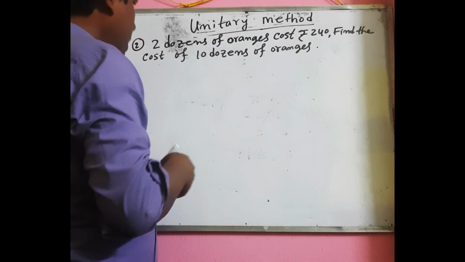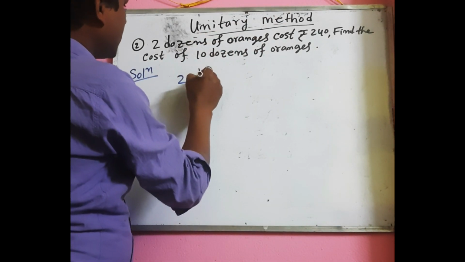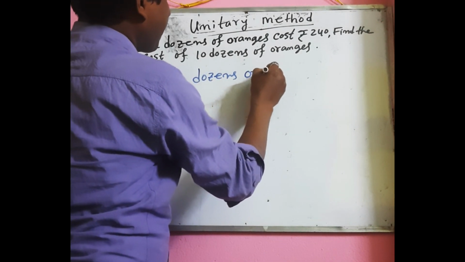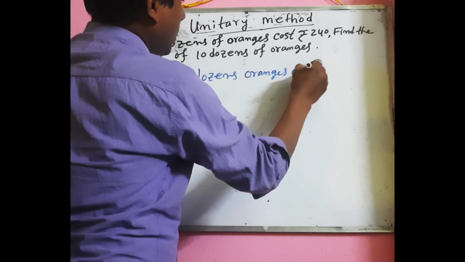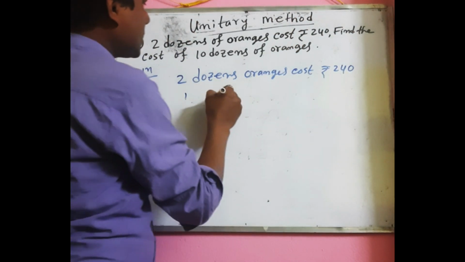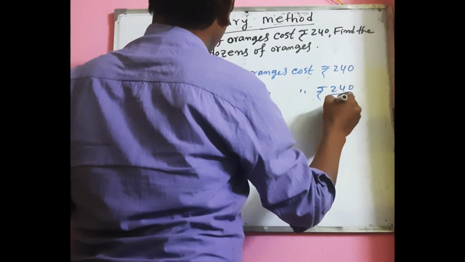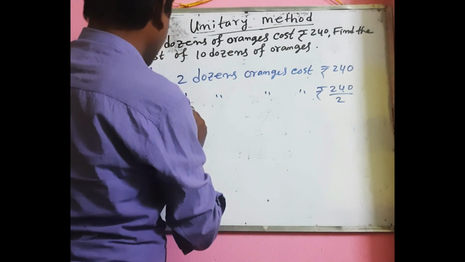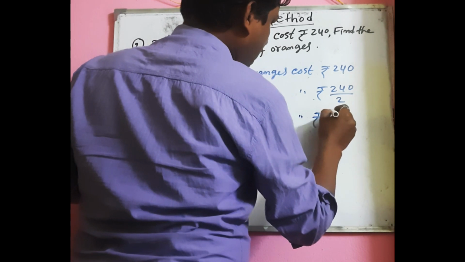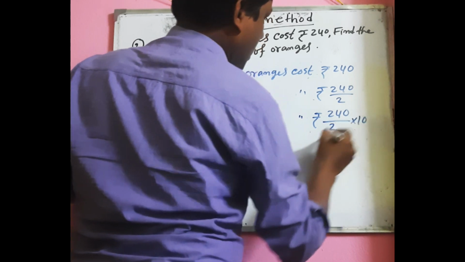So according to our unitary method, 2 dozen oranges cost Rs 240. 1 dozen oranges' cost will be this, and the 10 dozen oranges' cost will be Rs 240 divided by 2 multiplied by 10.